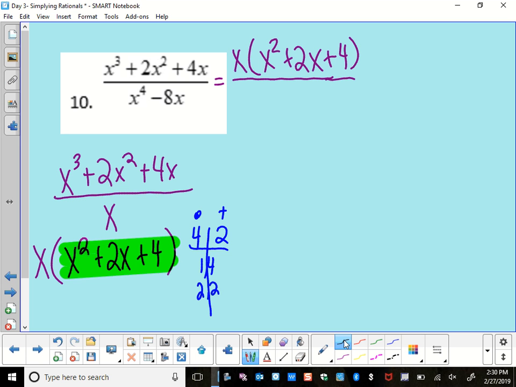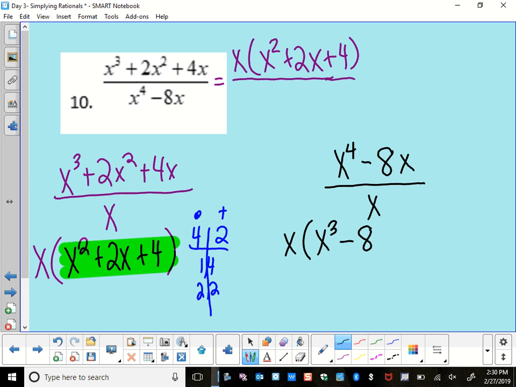Okay, so then I have x to the 4th minus 8x. What's my GCF here? X, right? So if I pull my GCF out, I'm left with x cubed minus 8.